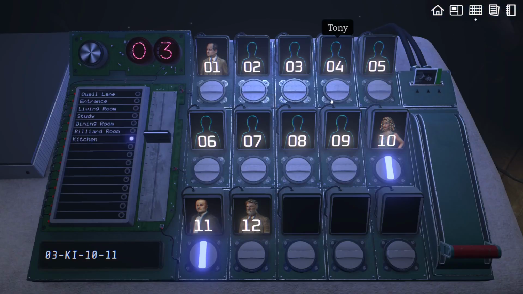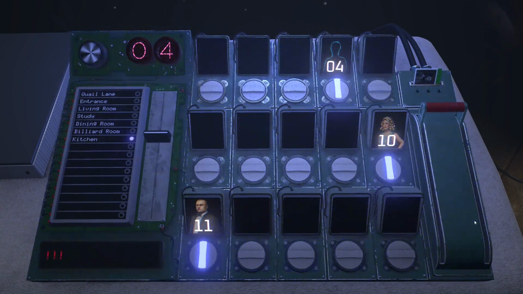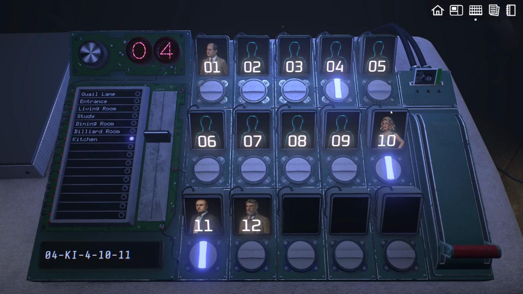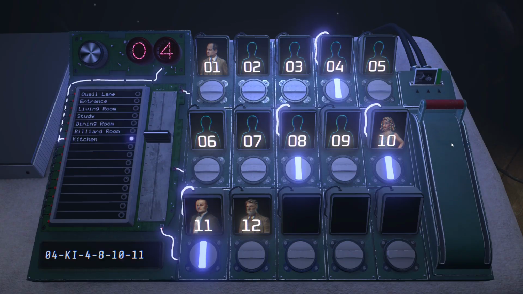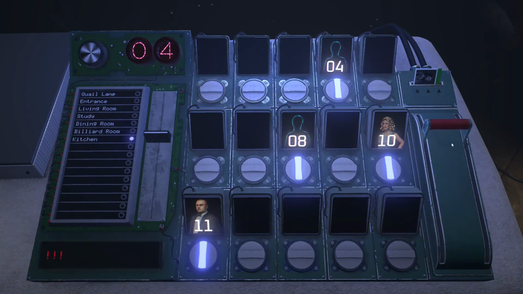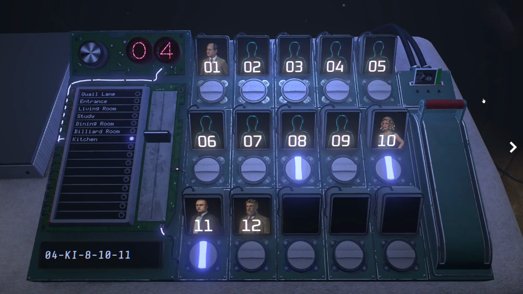So let's try Tony. I mean, at this point, I'm basically guessing. Okay, Tony didn't go to the kitchen. Oh, I forgot that Damien is also there. Okay. What if we skip the missing part?